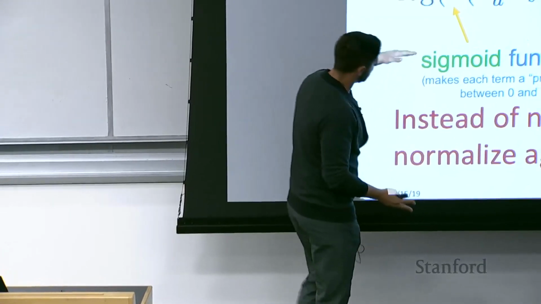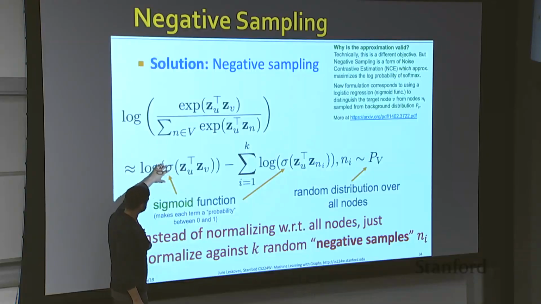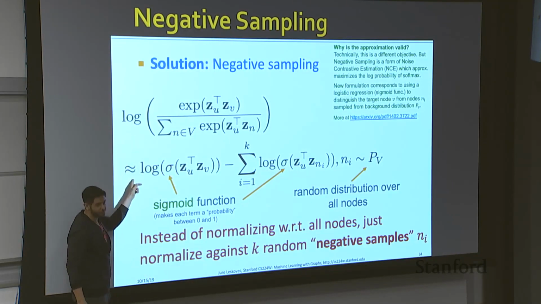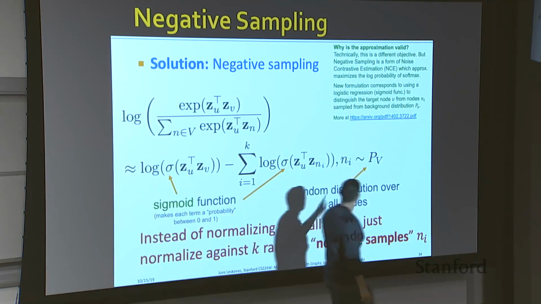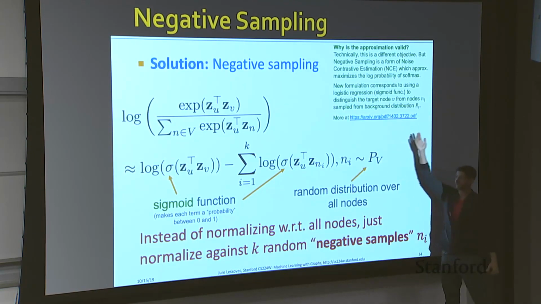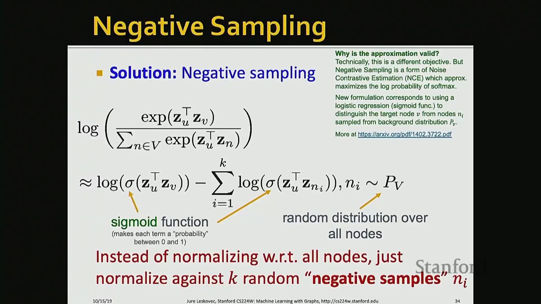It's basically making sure that each term has a range between 0 and 1, so it looks like a probability. Now, all the steps to go from here to here are slightly intricate, so what I've done for you is I put a reference to a paper, and this paper actually explains how exactly the negative sampling in Word2Vec is done, and you will see that it applies straightforwardly also to this case, okay?